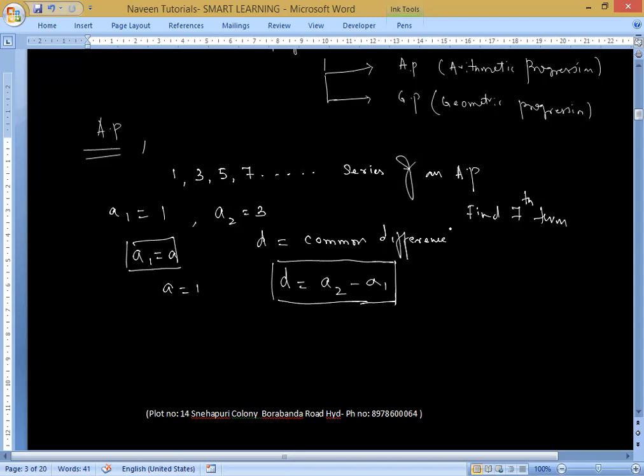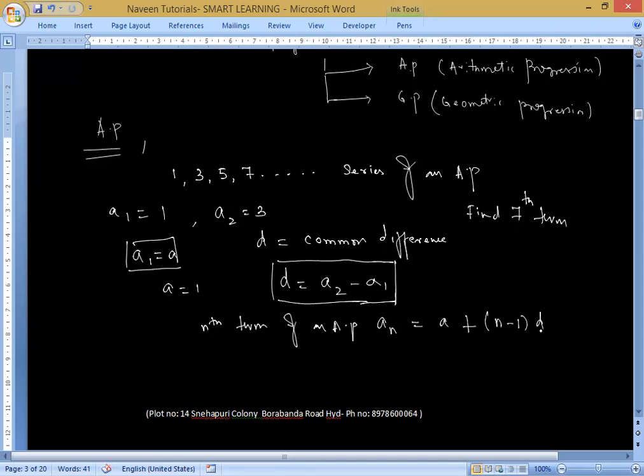To find any term or a specific term in an AP, we have a formula, the nth term of an AP: an is equal to a plus n minus 1 into d.